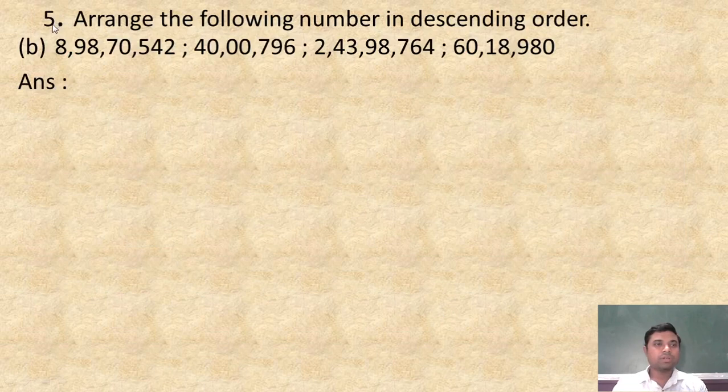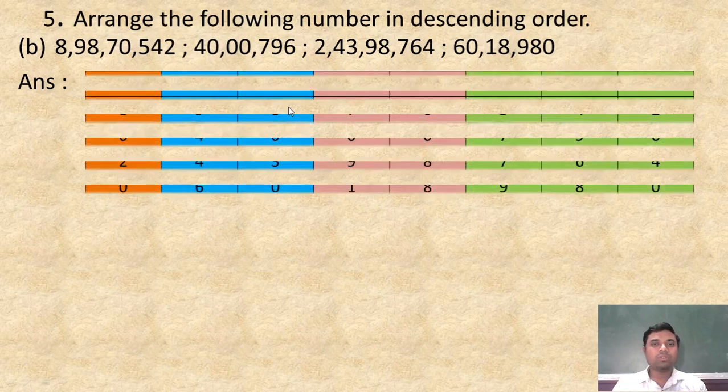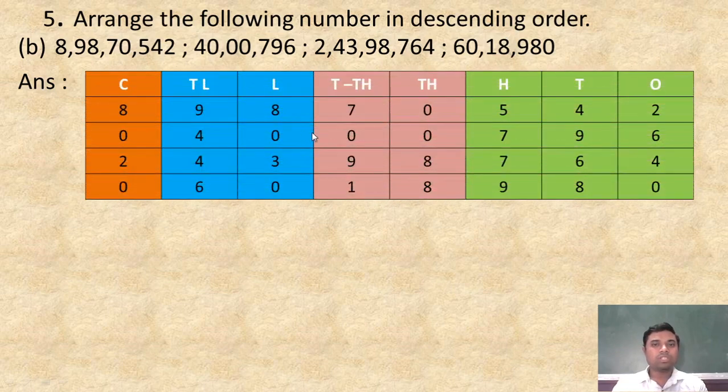Next, question number 5. Arrange the following numbers in descending order. Descending order means larger to smaller. So what will we do? Draw this table or just write the highest period. Now from this table, just see, you have to first find the largest one because you are arranging in descending order.